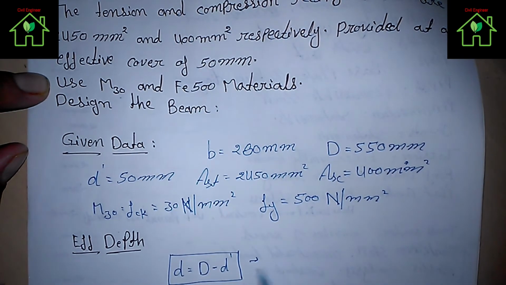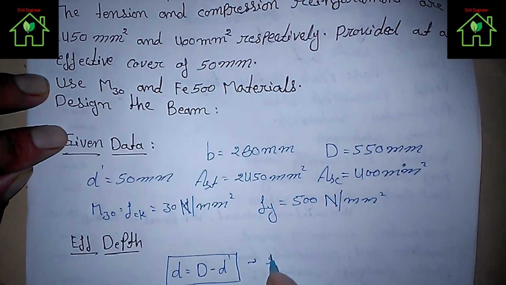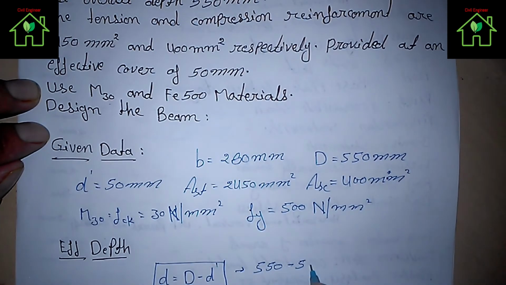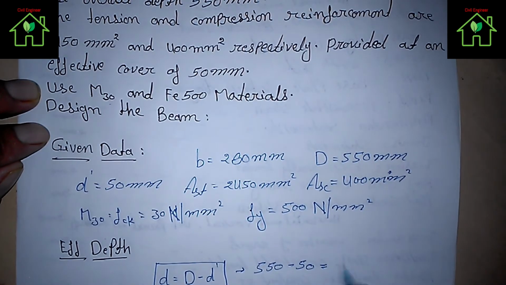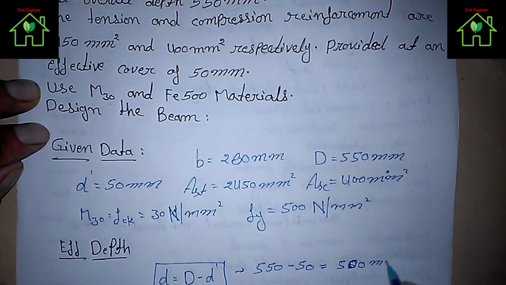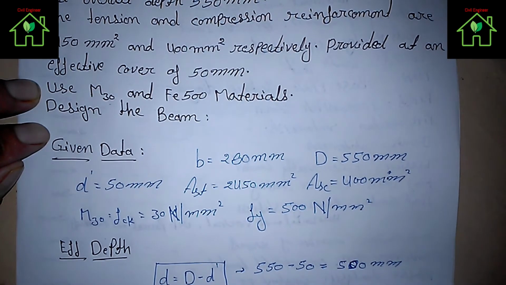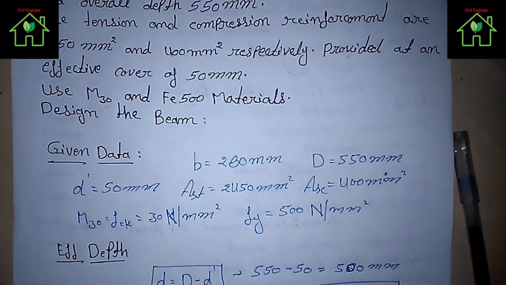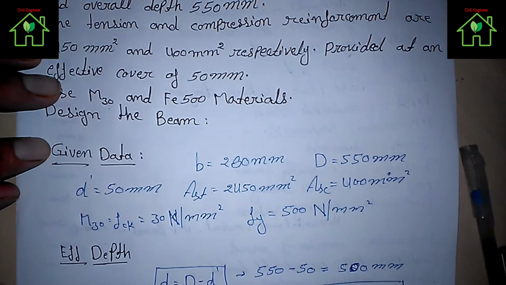So here d is equal to 550 minus 50 is equal to, oh sorry, 500. So here d is equal to 500.